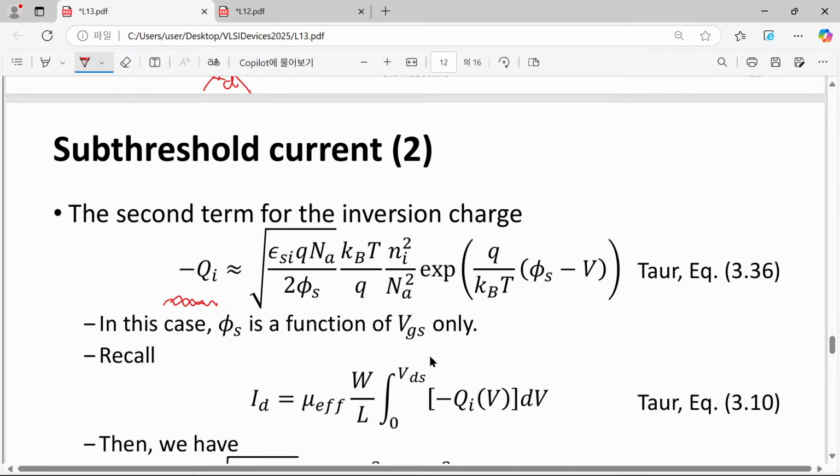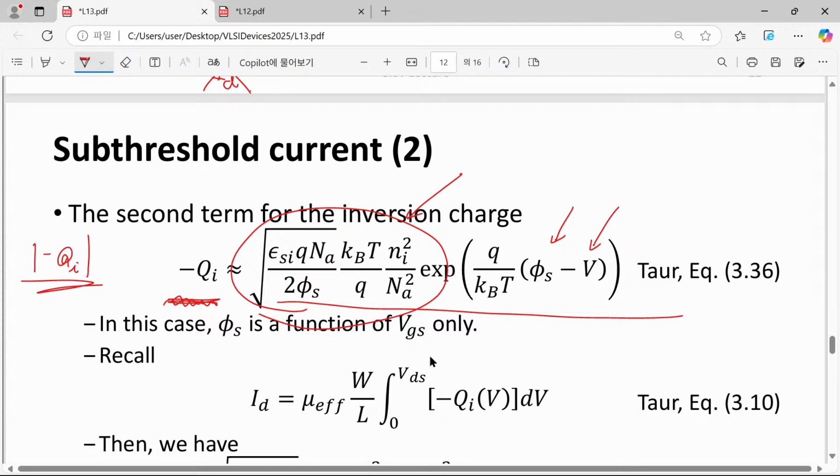But anyway, in this case, the majority carrier electron can be found in terms of this surface potential and, of course, electron quasi-Fermi potential. We have many terms, but they can be evaluated, and actually the absolute value of minus QI is not that high. It is quite a small number, but it is meaningful.